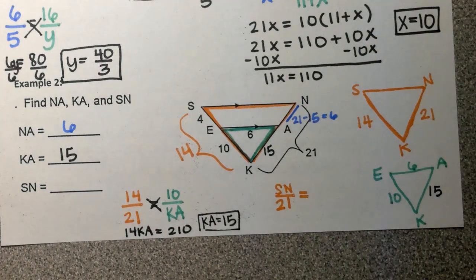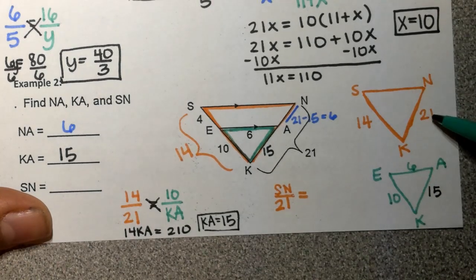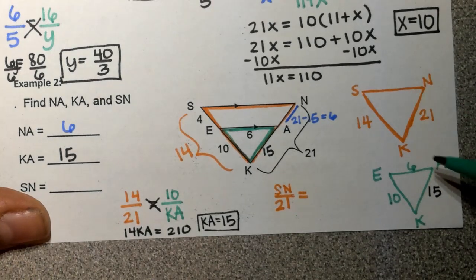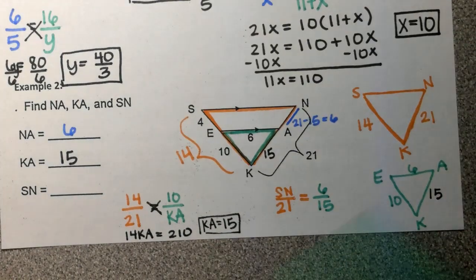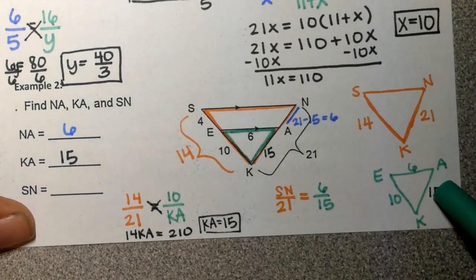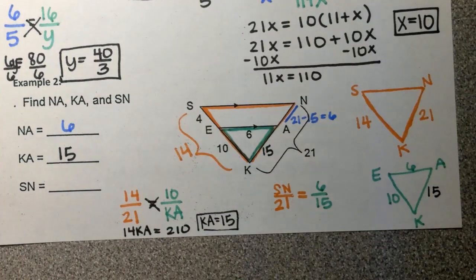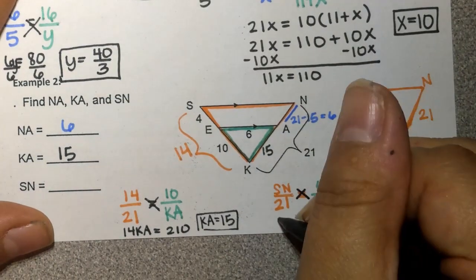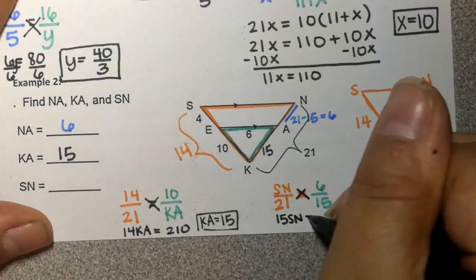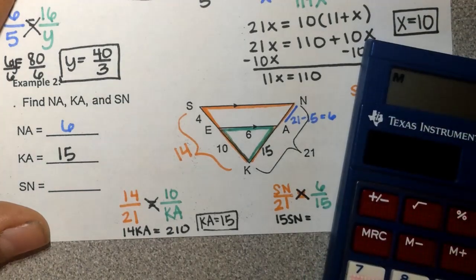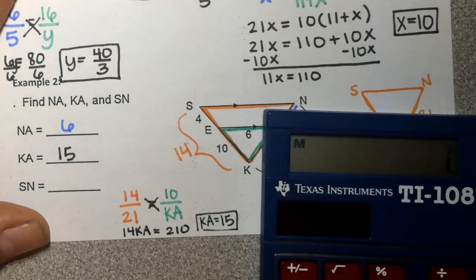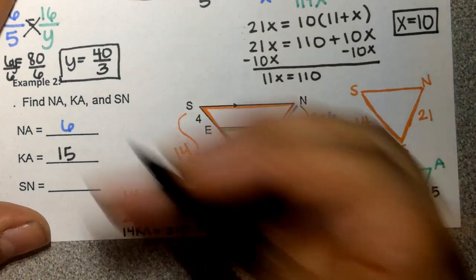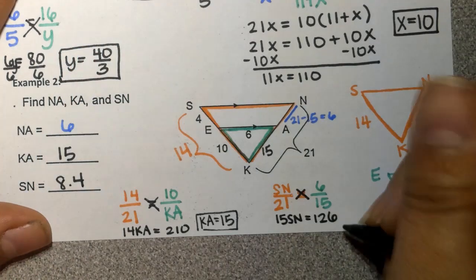What do I know about my little triangle? If I did SN in 21, what am I going to have to do for my little triangle? 6 over 15. SN 21, 6 over 15. And then cross multiply. 15 SN equals, what is 21 times 6? 126. And divide that by 15, and I get 8.4.